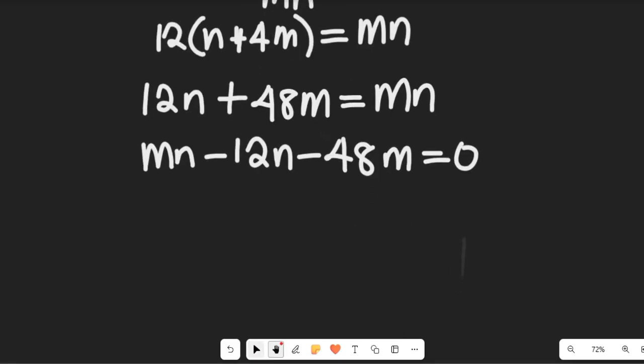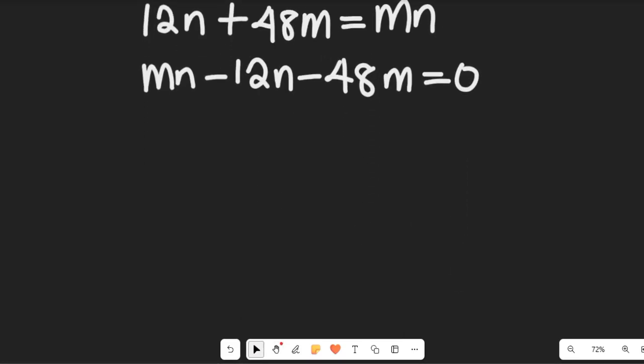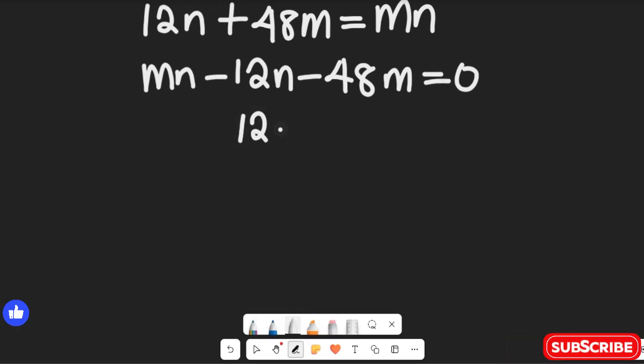So how do we simplify this? To simplify this, I will look at the values of 12 and 48. 12 multiplied by 48 will give me the value 576. So I can add 576 to both sides to simplify that.